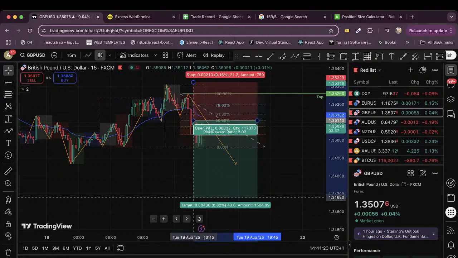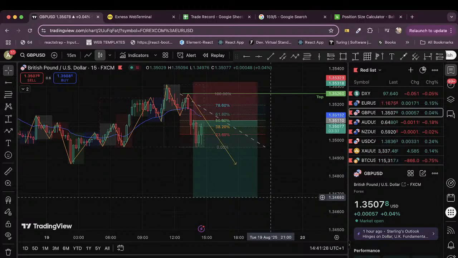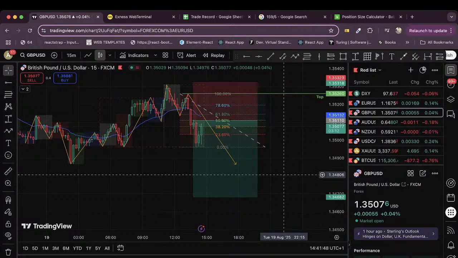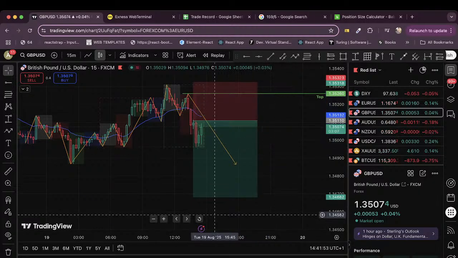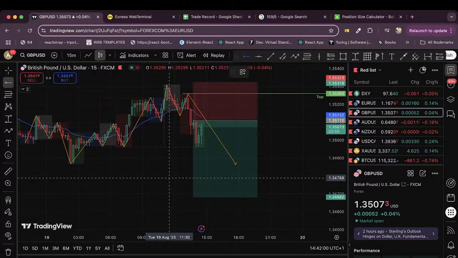We'll just put it there and see if we can get a sell off towards there, and see if we can get towards that point there. Okay, so I think I need to put on some price levels here.